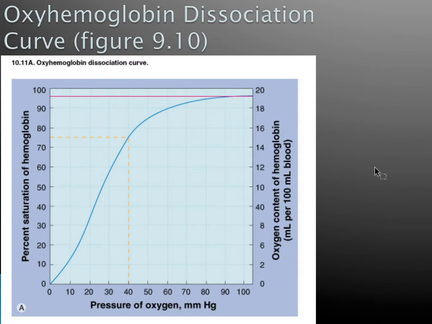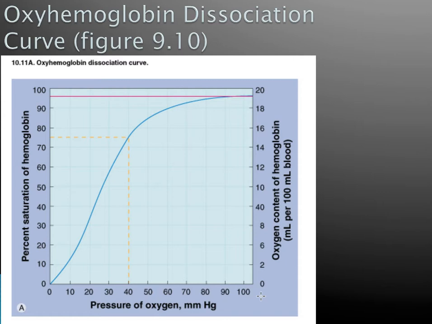And I have a couple different versions of the curve. Here's one that I copied from our book, actually. And there's some other ones I found online. So let's just look at all the parts of this graph. On the horizontal x-axis, it's the partial pressure of oxygen, just what we calculated, in millimeters of mercury.